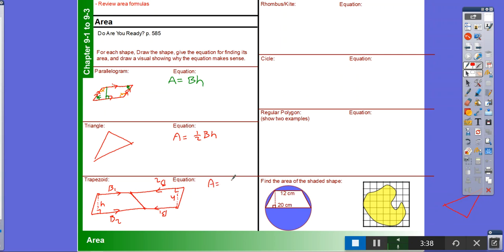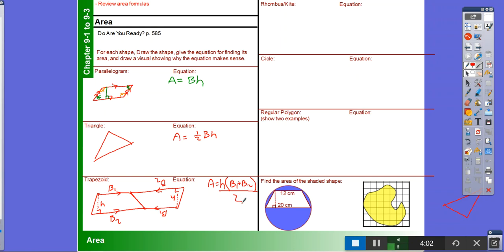The area is equal to base 1 plus base 2, and then we have to multiply it by the height. But we don't want the area of this entire parallelogram. We only want the area of half of it, so we're going to divide it by 2.